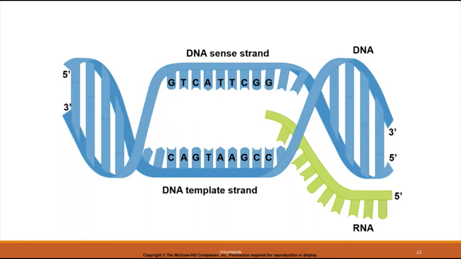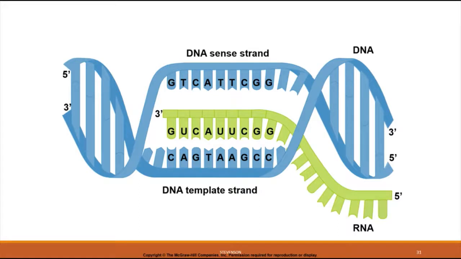And that's something we learned about previously. So anywhere that a T should appear in the RNA sequence, instead, the RNA polymerase will lay down the letter U. So this is what the building of the messenger RNA sequence looks like.